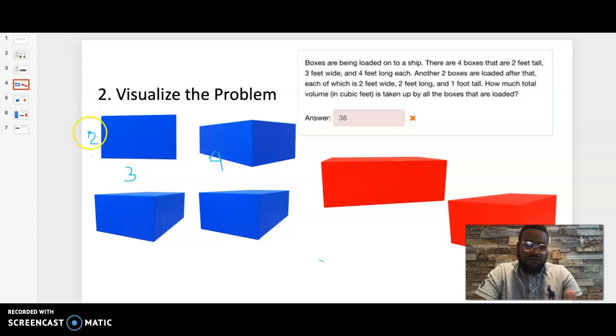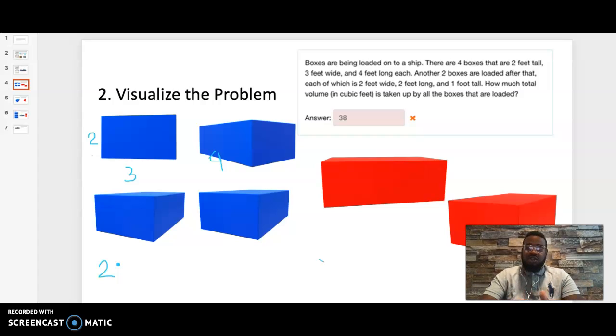The dimensions of these 4 boxes, we would write it's 2 when we say by, or connected to. And when talking about volume, we're talking about the length to the width to the height. We use the multiplication symbol by 3. And then we're talking about that long length, which is here, by 4.